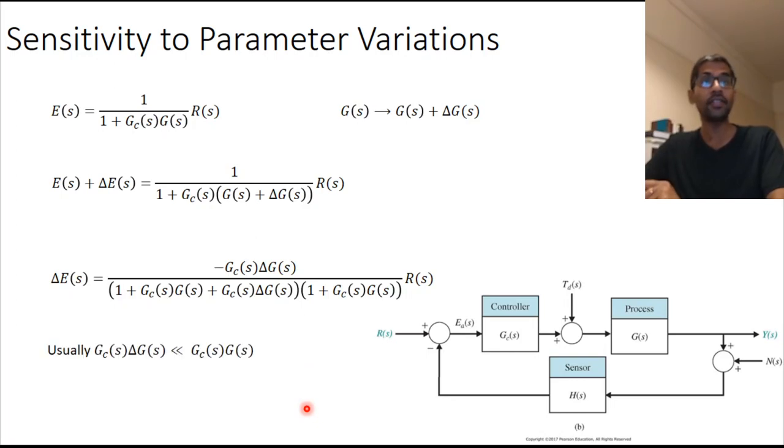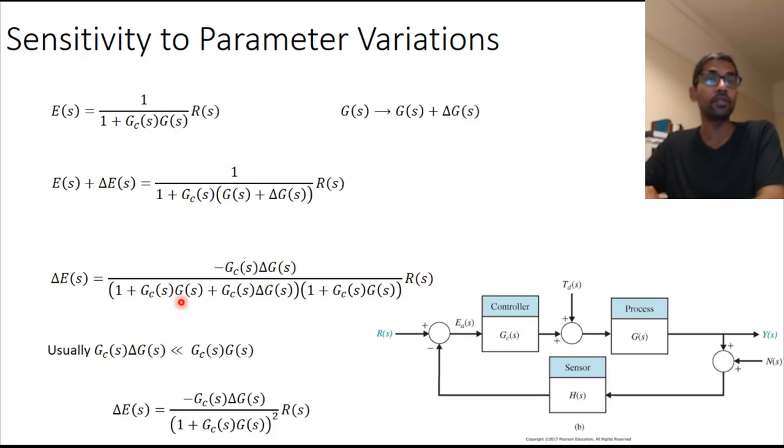Okay, and you get this equation, and if you assume that this term here, GC times delta G, is much less than GC times G, which should be true, right? Because let's assume that the change is very small, delta G is smaller than G. In that case, you could write delta E like this.